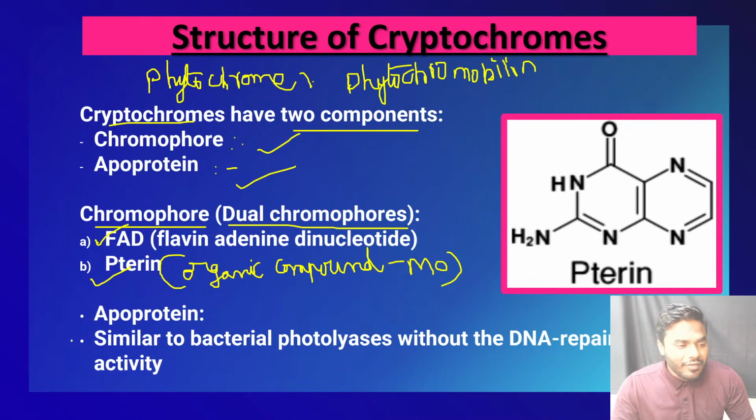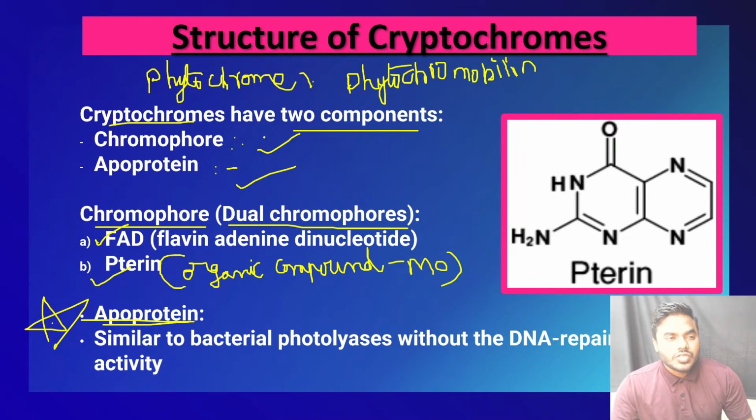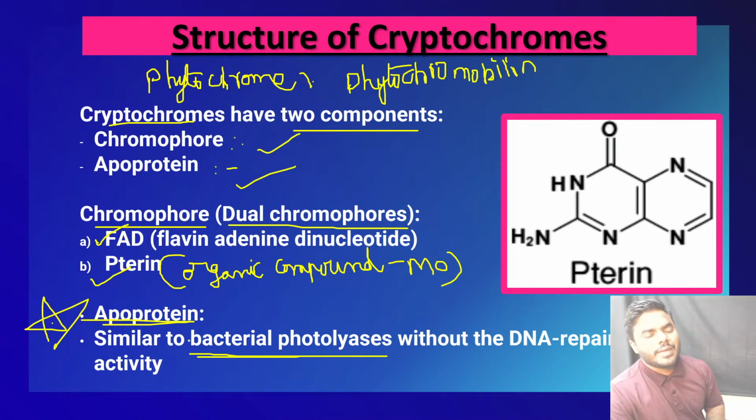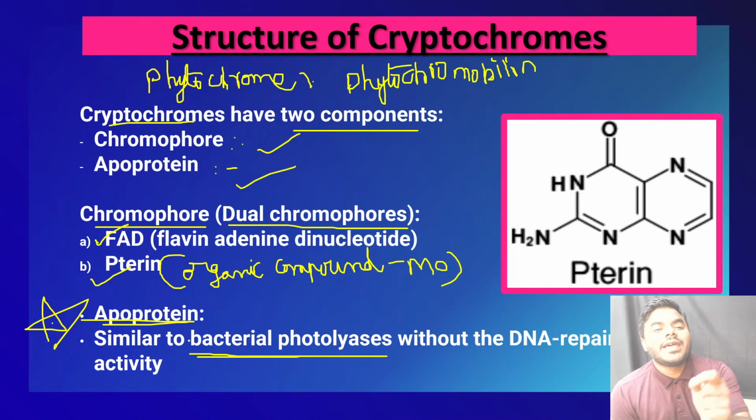And friends, every student has to remember this for the exam in terms of Part B. What is the apoprotein here? The name of the apoprotein in the cryptochrome is bacterial photolyase enzyme. Friends, we studied about this bacterial photolyase in the molecular biology chapter, while reading a repair called photoreactivation repair, or direct repair.